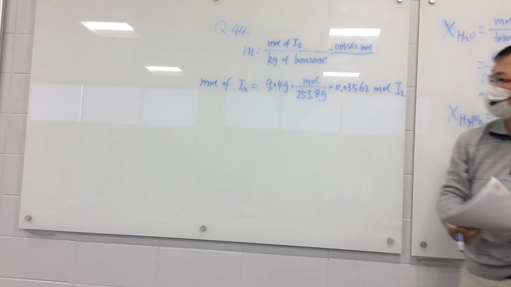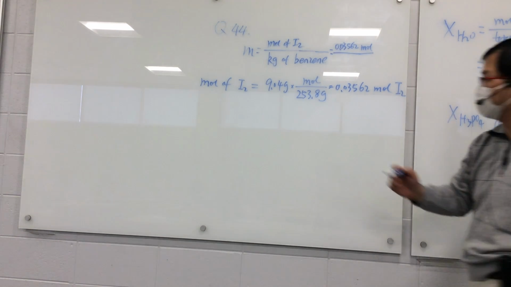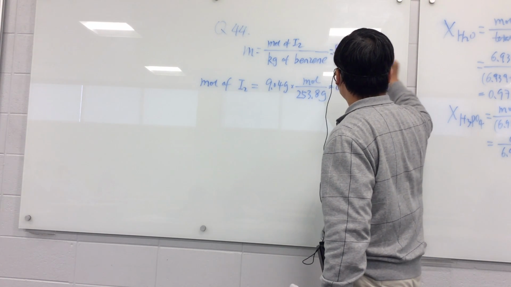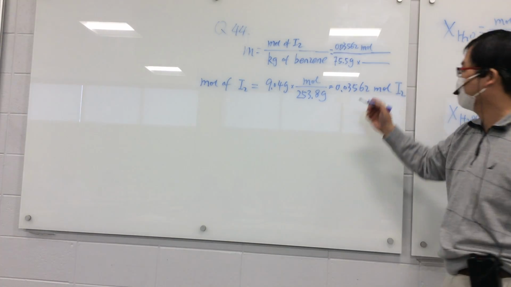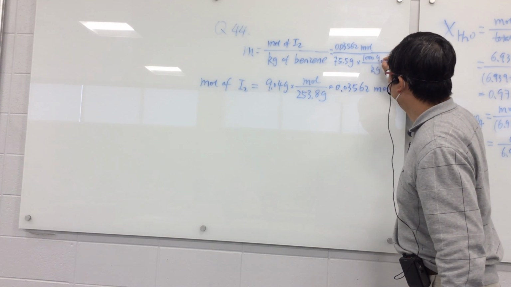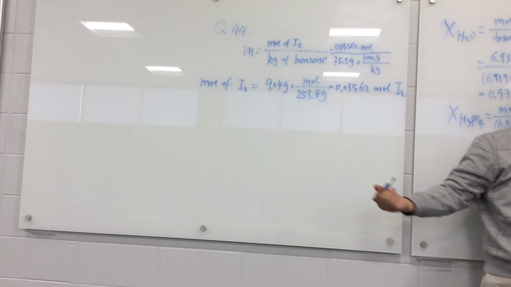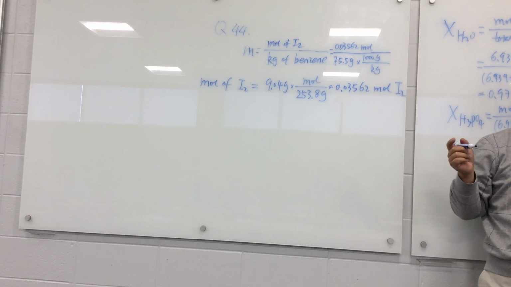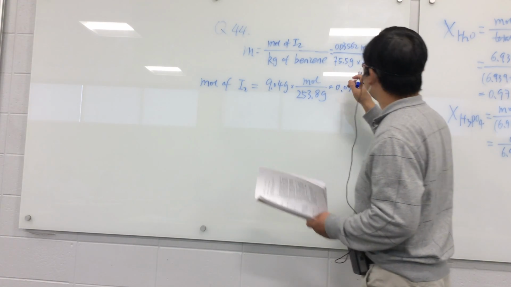And we need to figure out the kilogram of benzene. The mass of benzene, we know, is 75.5 gram. And we want to convert gram to kilogram. What should we do? I did not put 1 here, but there's 1 there. Then 1 kilogram equals 1,000 grams, right? Can we use this one?